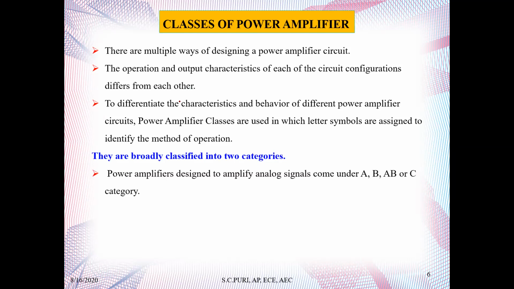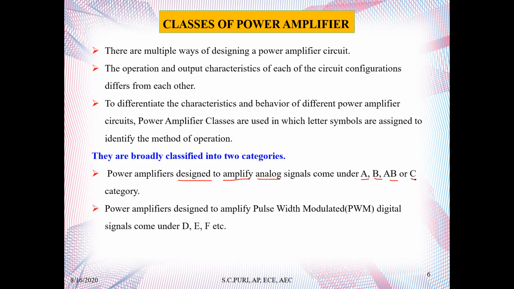Power amplifiers designed to amplify analog signal come under A, B, AB or C category. And power amplifiers designed to amplify pulse PWM digital signal come under D, E, F. In our syllabus, we are interested here, to amplify analog signal.